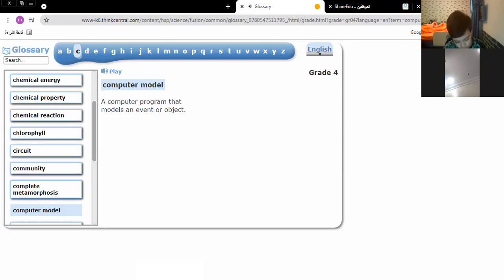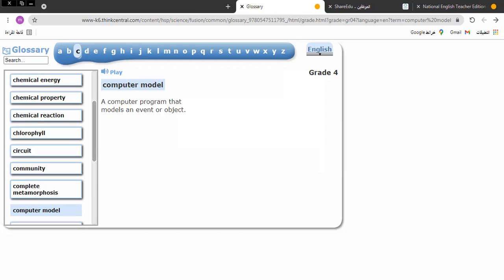Okay. Ibrahim Hashim. Yes, Mr. How can we model different things by using our computers? Again, the question: how can we model different shapes or different things around us in the real world, in nature, by using the computer?